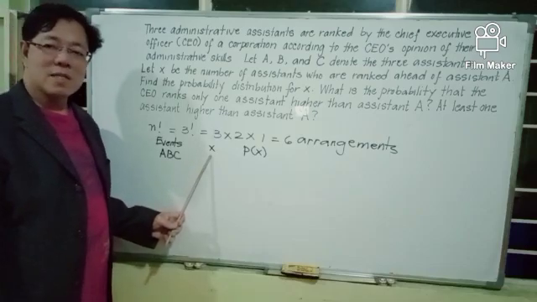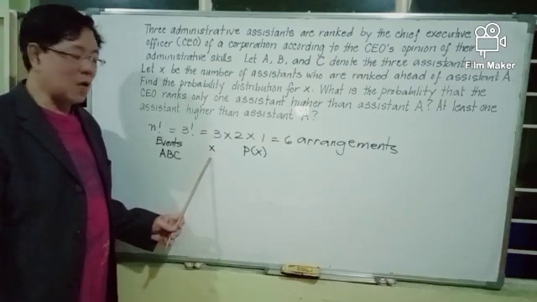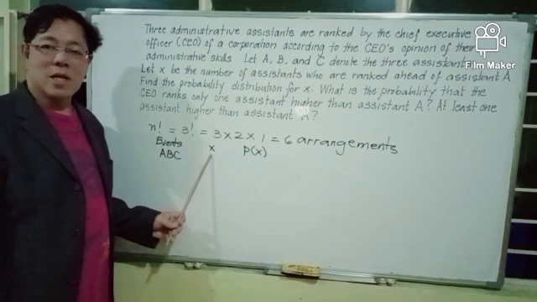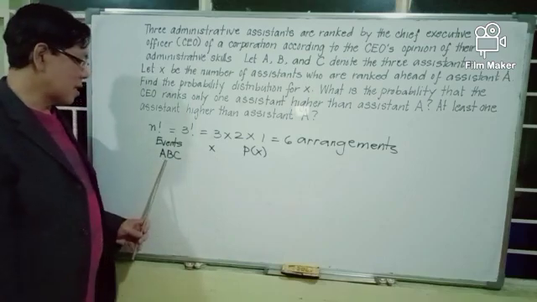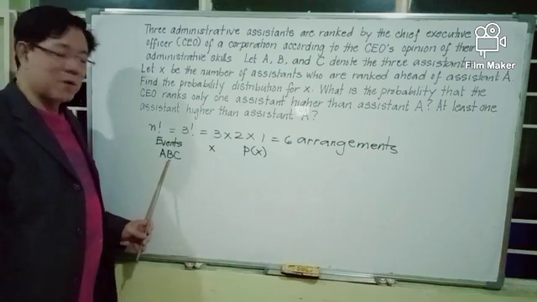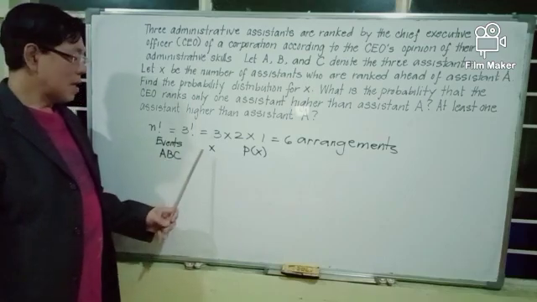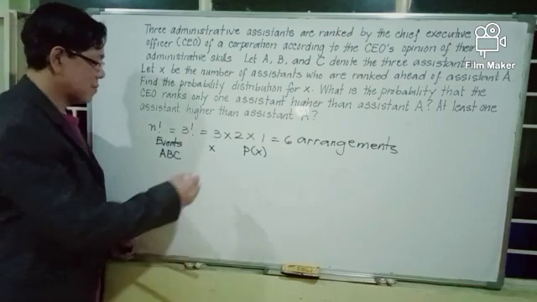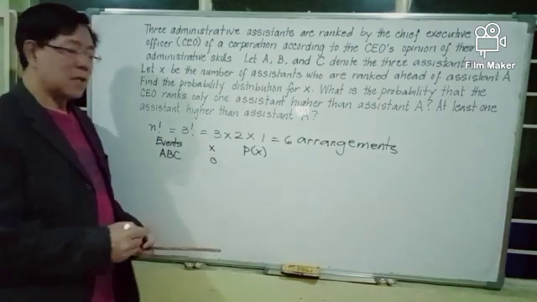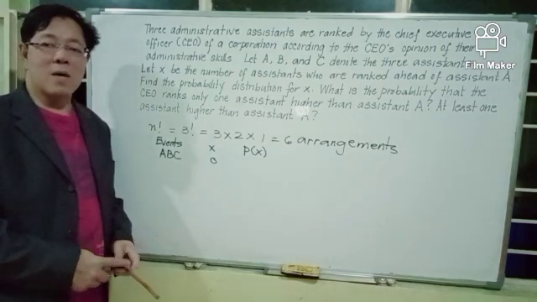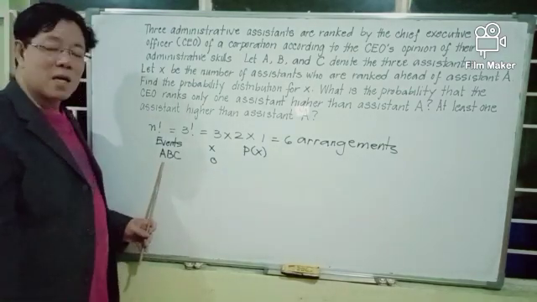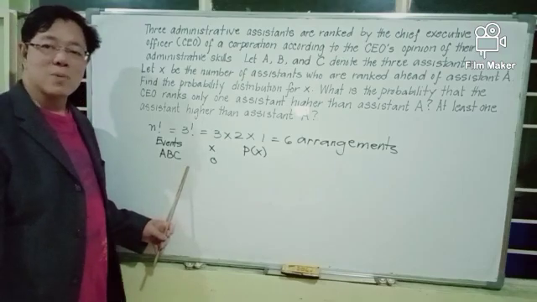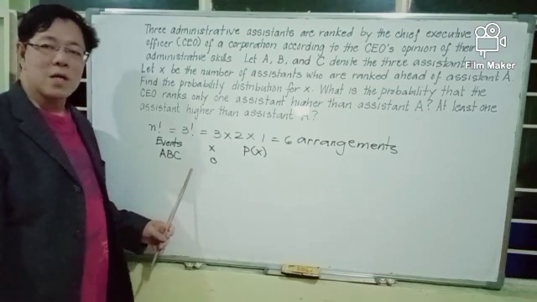We are interested in the values of the discrete random variable x for the number of assistants that rank ahead of assistant A. Since A is ranked first in this arrangement, x is 0, because A is ranked ahead of the 2 other assistants.